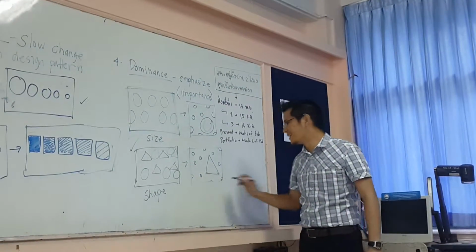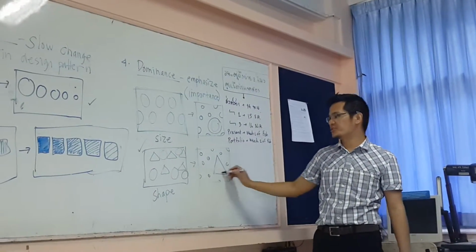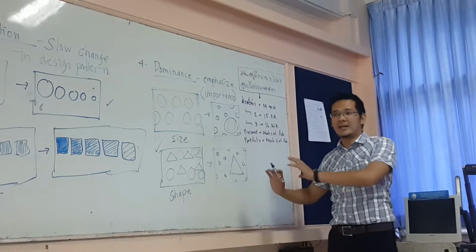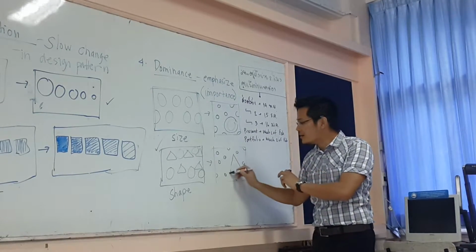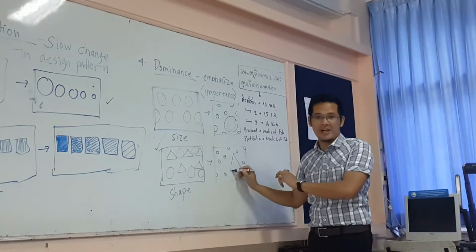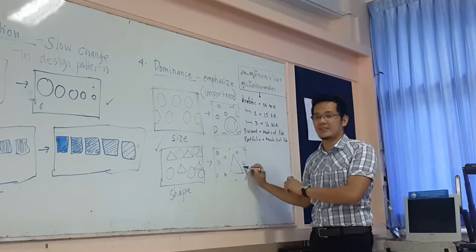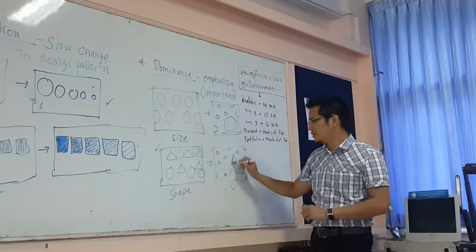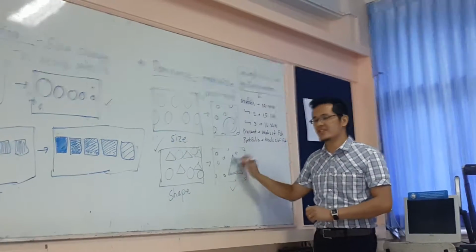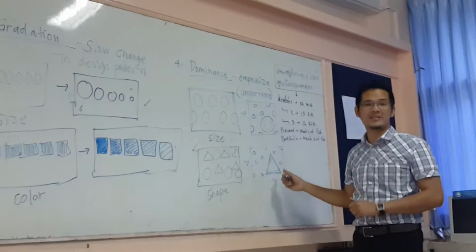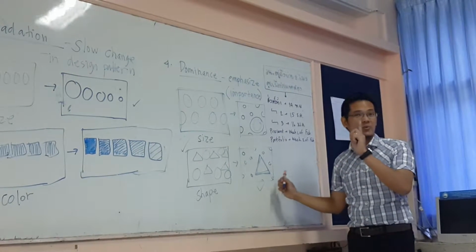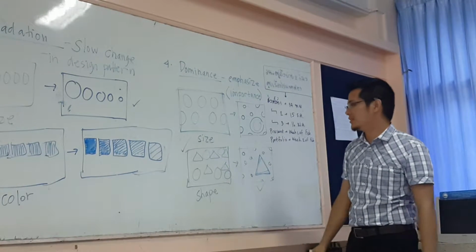Give you 1 point. Alright, so you can choose one shape and just draw one big shape, and the rest will be circles. So now, the first thing that you will see is this triangle, because it's big and there's only one triangle.